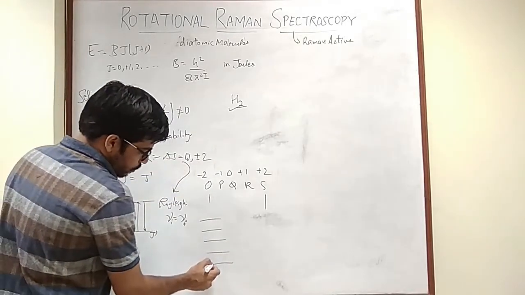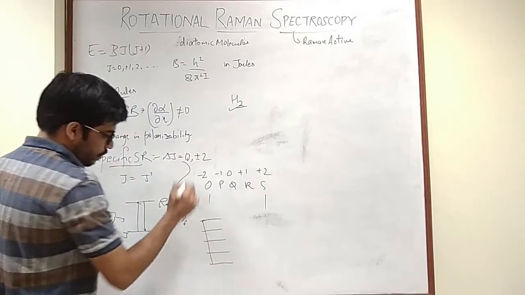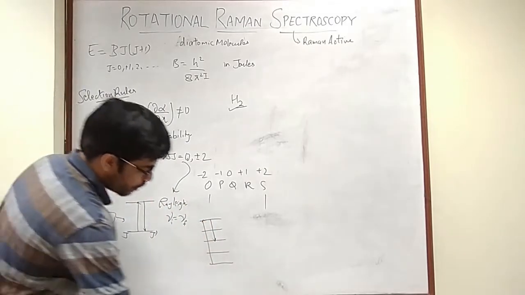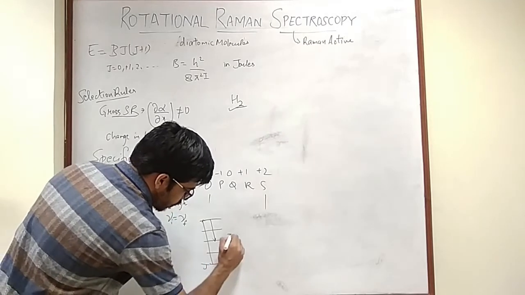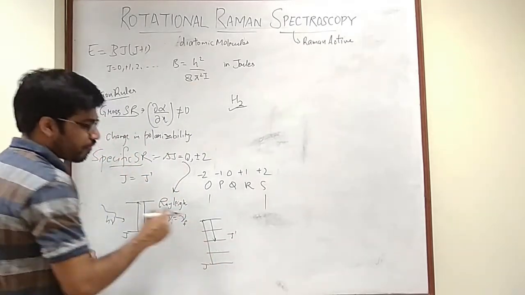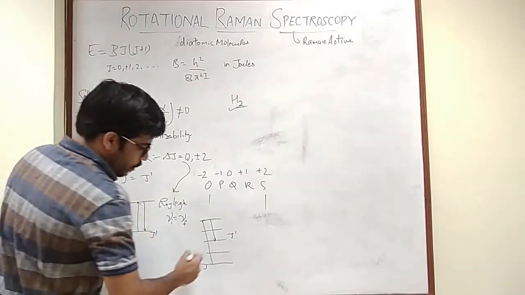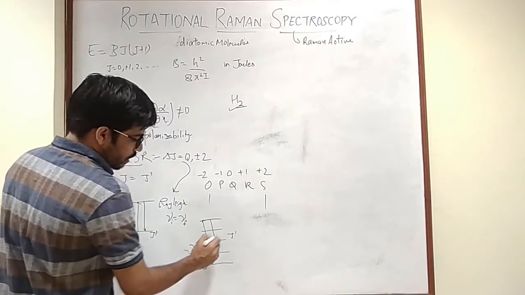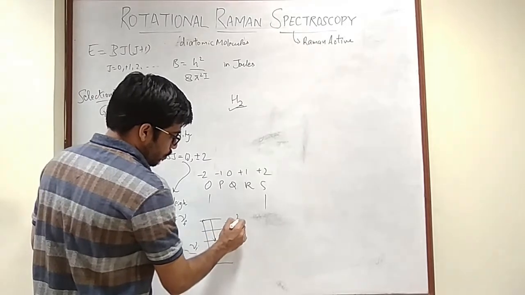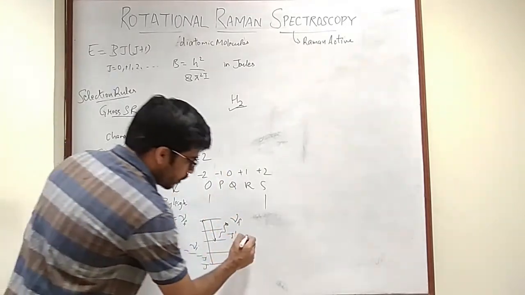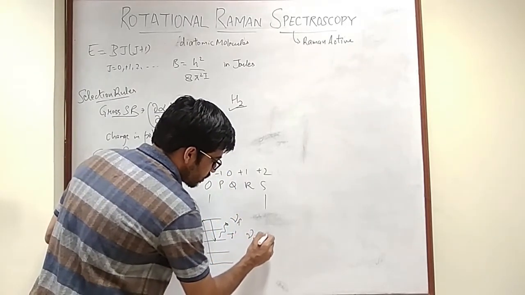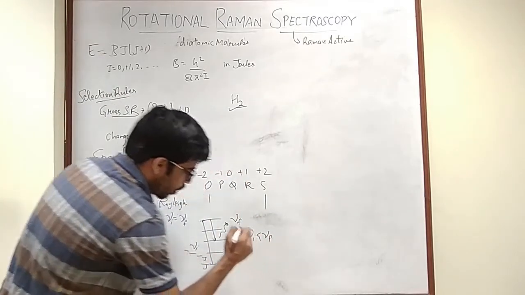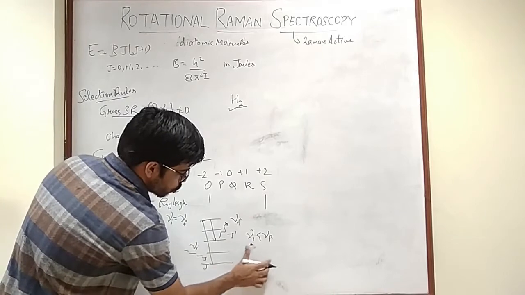The molecule absorbs some energy and then releases some energy to come back to this level. So this is your J, this is your J dashed. So some amount of energy is absorbed in this case. So let's say this is your mu incident, this is your mu final. That would mean that mu incident is greater than mu final, which was the case of Stokes line.